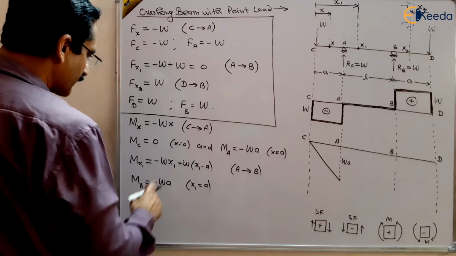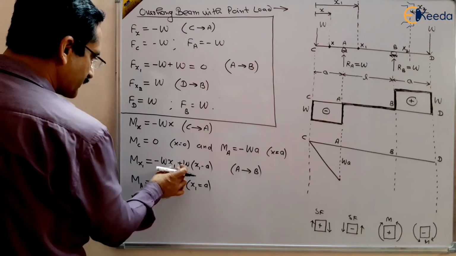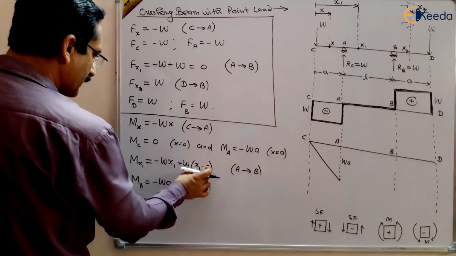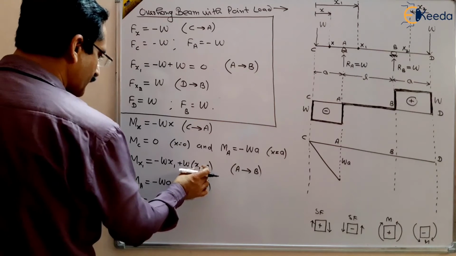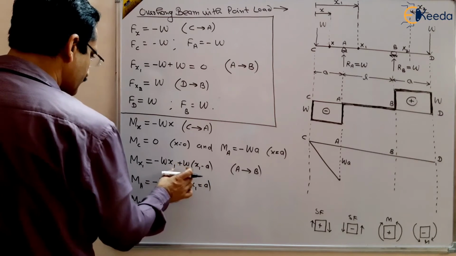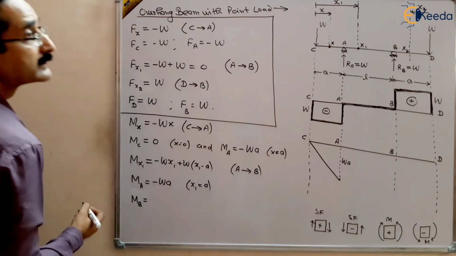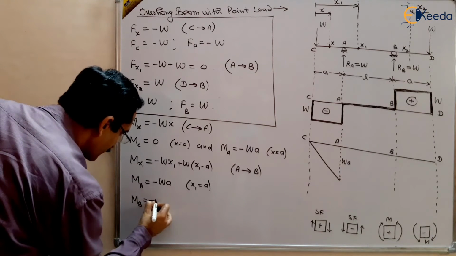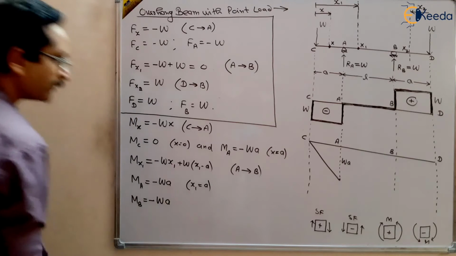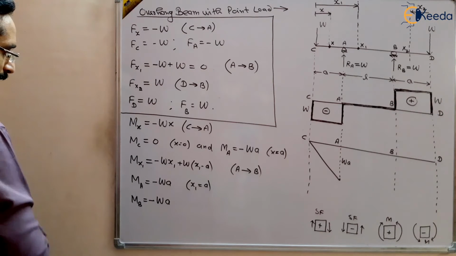Try it, and you will get minus WA. Put x1 equal to A plus L, here also A plus L. So one will cancel out, WL, A plus L, so you will get minus WA again. So MB will be equal to minus WA.